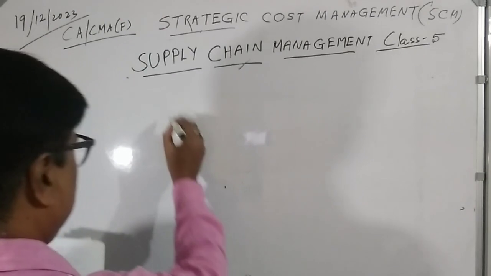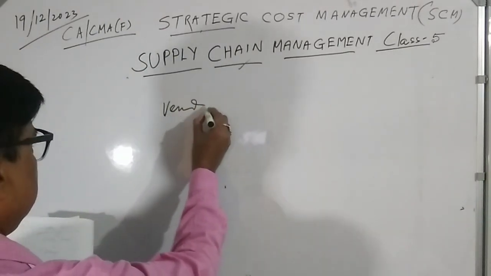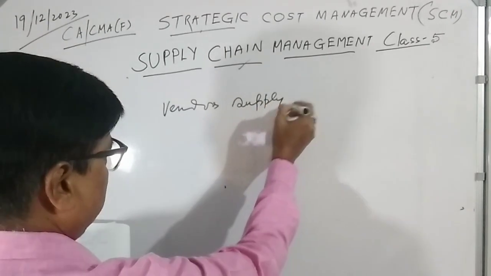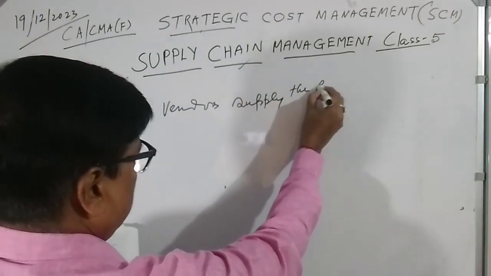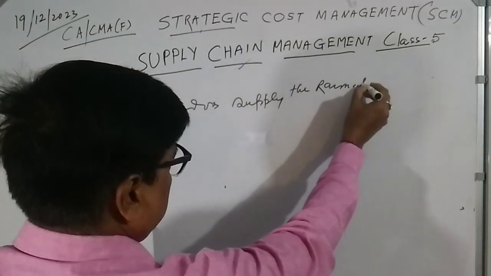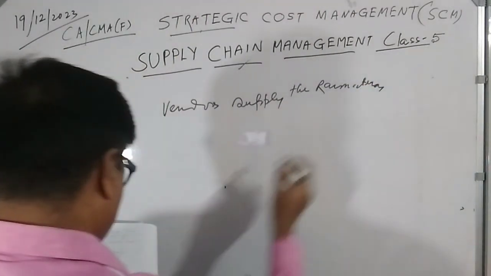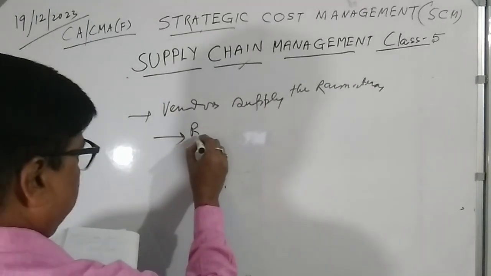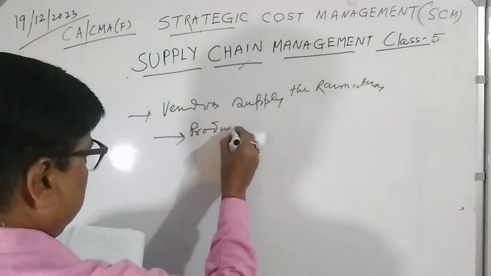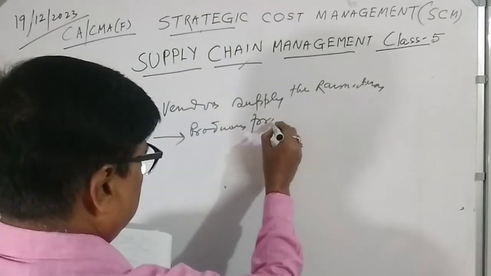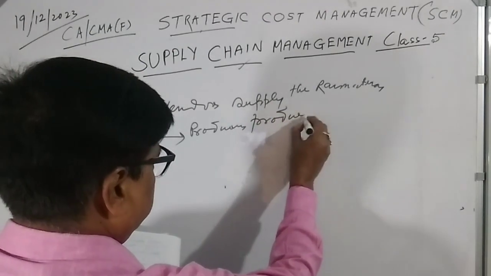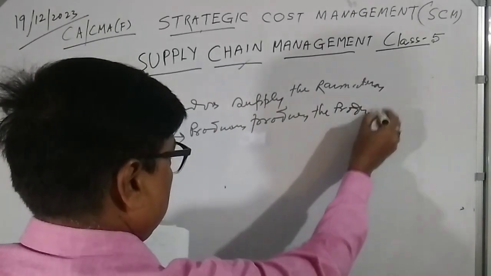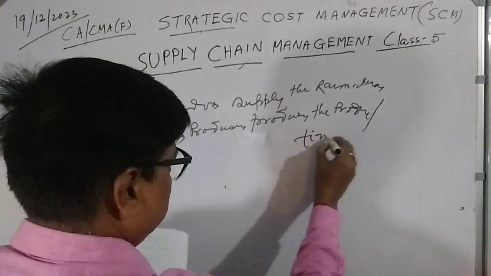Now the next stage comes this way. Vendors supply the raw material, that is the starting point. Producers produce the product, say finished goods.